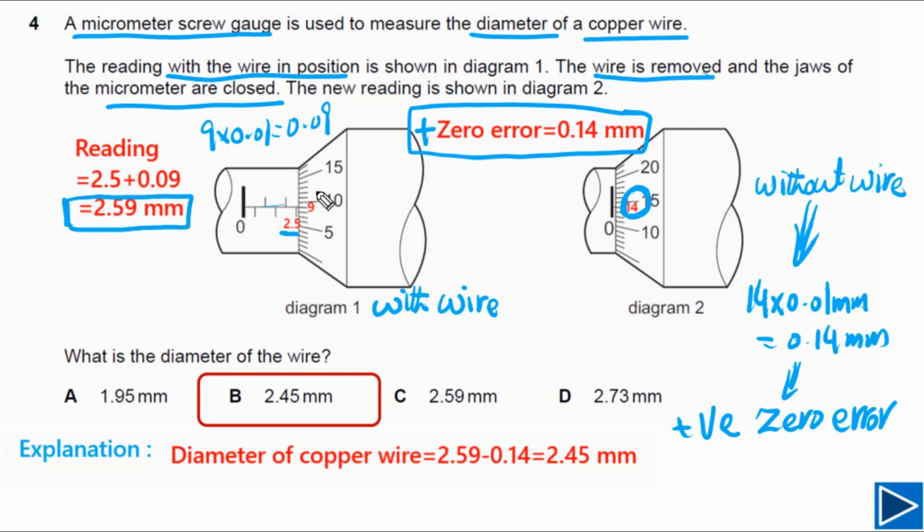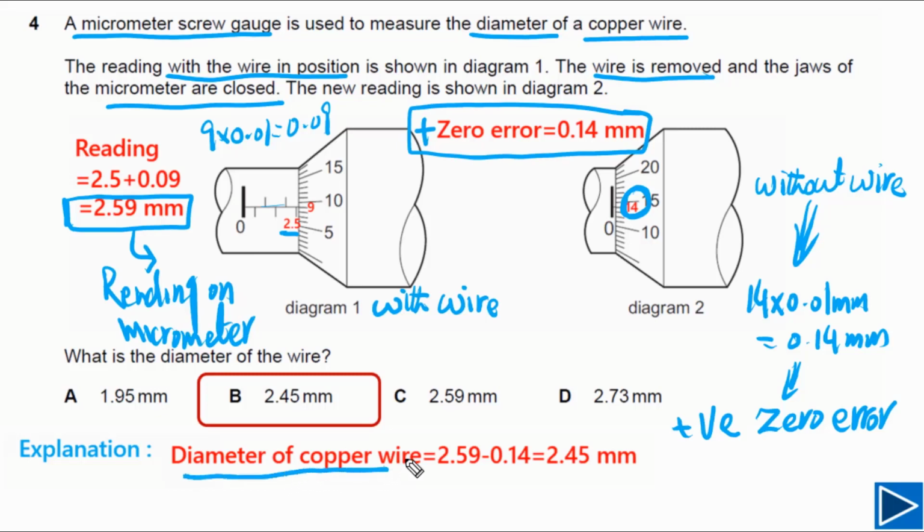This is the reading on the micrometer, but this is not the final answer and this is not the diameter of the wire. In order to find the diameter of the wire, we need to subtract this one because this is a positive zero error, so the reading is higher than actual, so we have to subtract. And our final answer is this. So B is the final answer.